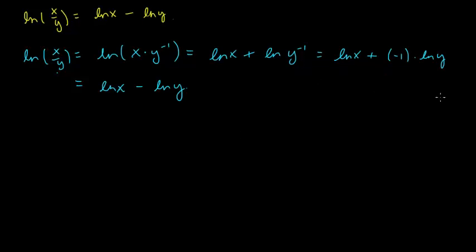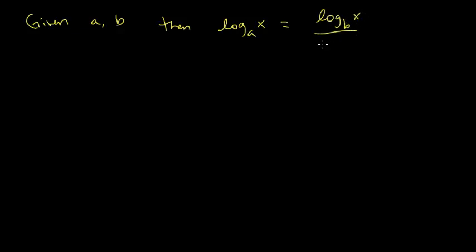Okay, there's one more property I want to prove in this video. So if I have two different bases, let's say I have the bases a and b, then the nice result is that the log base a of x is equal to the log base b of x divided by the log base b of a.